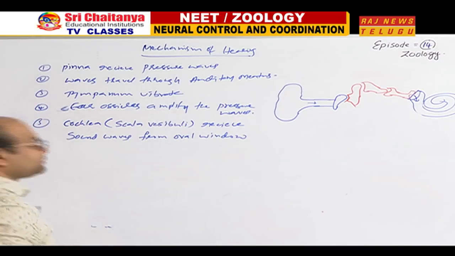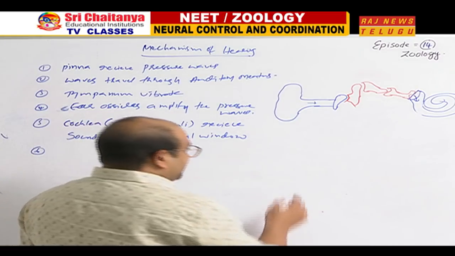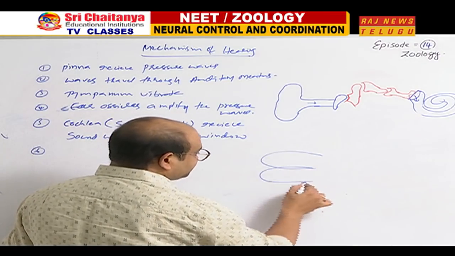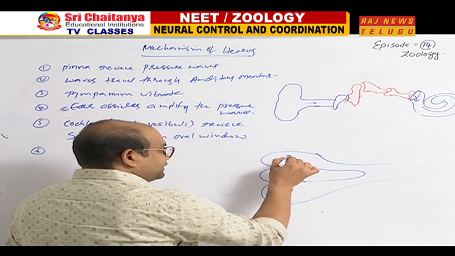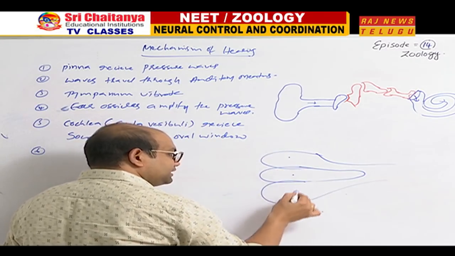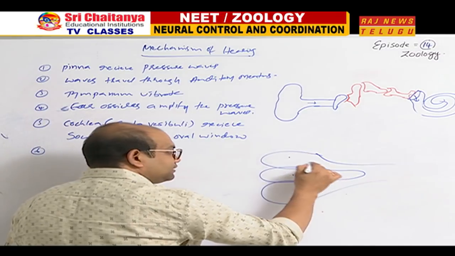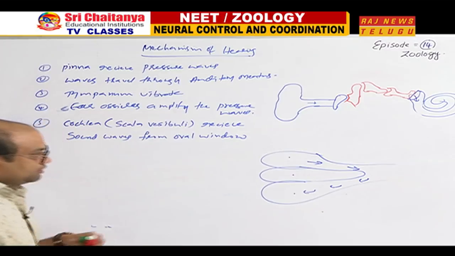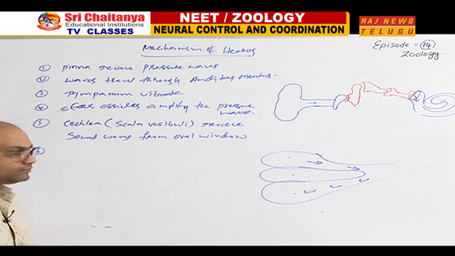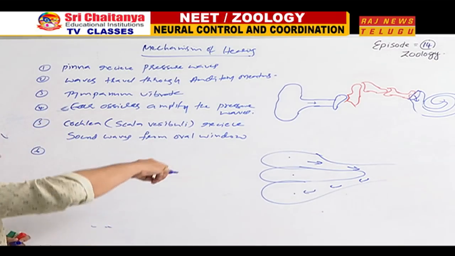Next, what is the sixth point? So this is cochlea. This one is vestibuli, this one is media, this one is tympani. From the vestibuli, sound waves will travel through the perilymph. They will create waves in that perilymph.